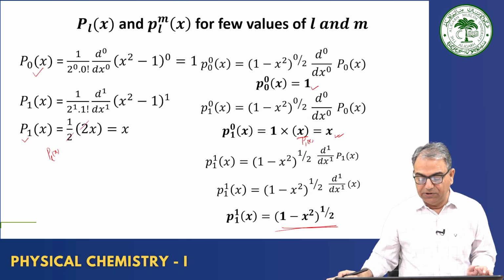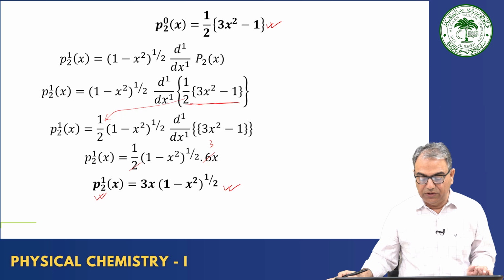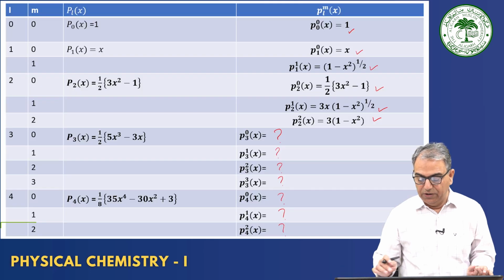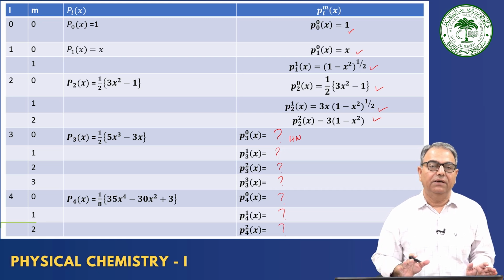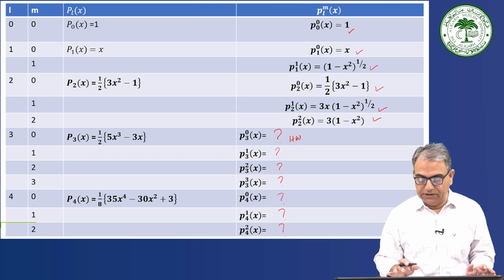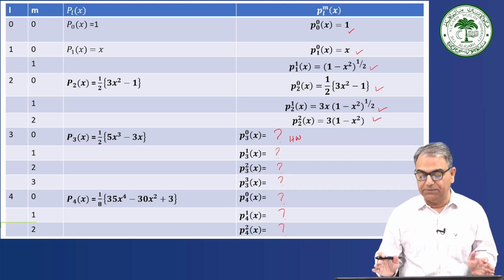So this calculation you will do, and again all this is your home assignment, homework, because this will make you more facile in doing quantum mechanical calculations. So do these calculations and find out the values of P30, P31, P32, P33, P40, P41, P42 and so on. Okay, at least this much.